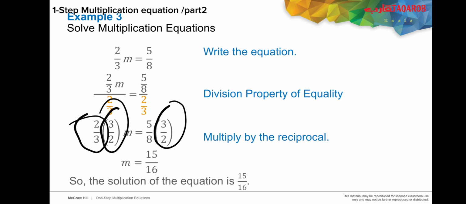Multiplying, I can just multiply 5 times 3, which is 15, over 8 times 2, which is 16. What happened to the left side? Here 3 and 3 will cross out each other, and 2 and 2 will cross out each other. So the solution for the equation will be 15/16.